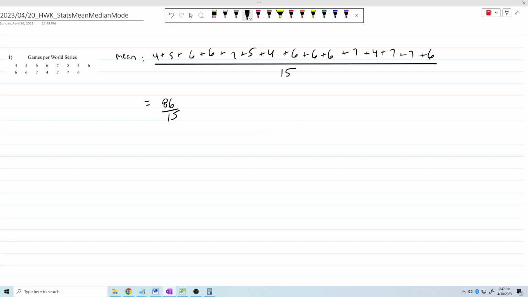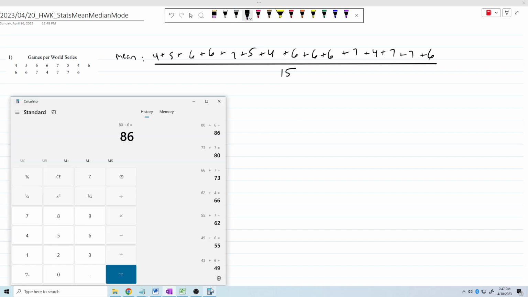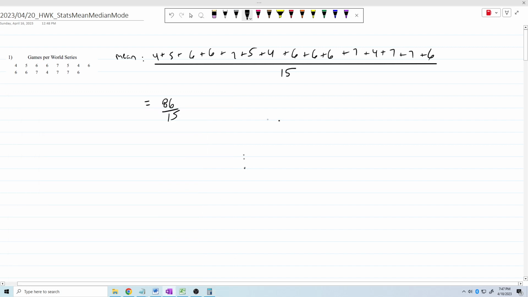So 86 divided by 15 gets us 5.73. Let's write that down, 5.73. And bam, that is the mean right there, guys. Not much to it at all.